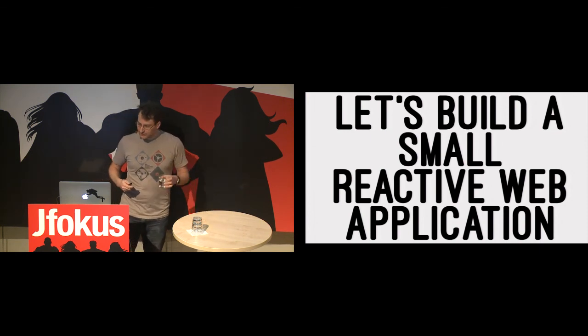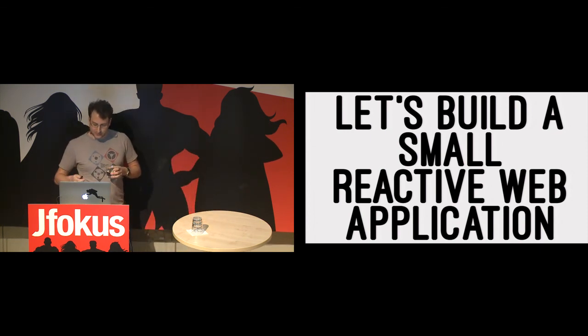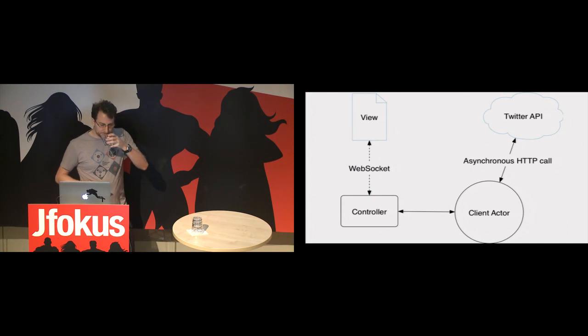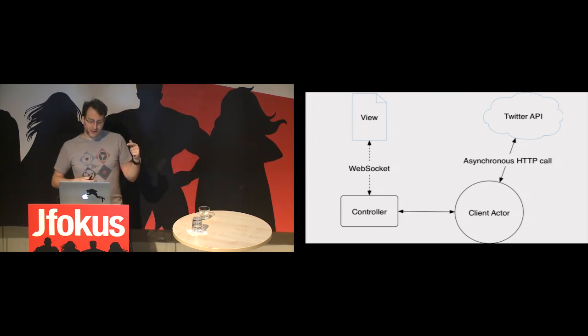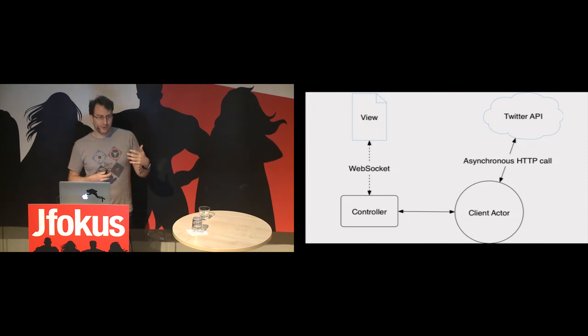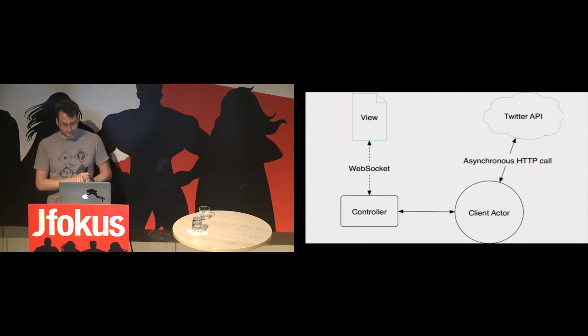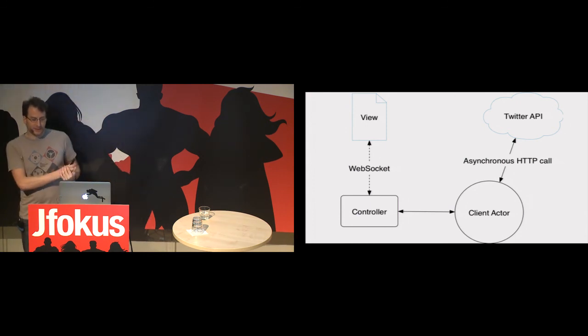What I want to show you today is small, but it will show some concepts. I'll have a view HTML file that will communicate with a controller over WebSocket, and the state on the server side is represented by an actor, which is one of the concepts I want to talk about.